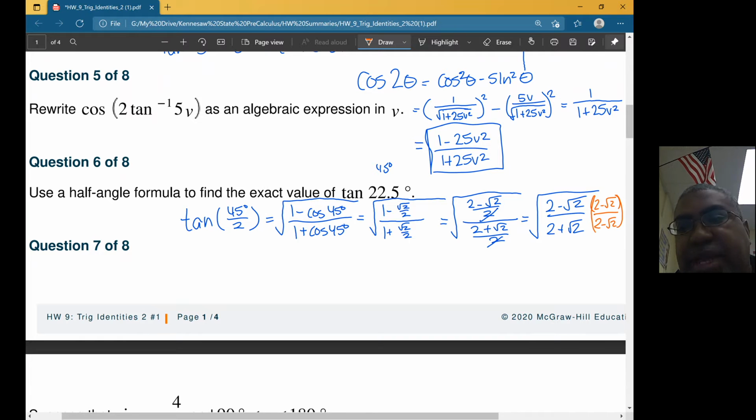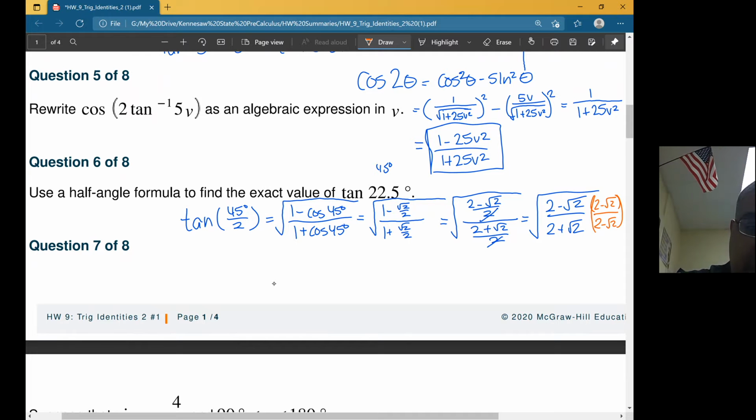What I'm doing is, you're not supposed to have a root in the denominator of the answer. We generally don't want negative numbers in the denominator, and we don't want square roots in the denominator. So I'm multiplying by the conjugate to get rid of the root in the denominator.